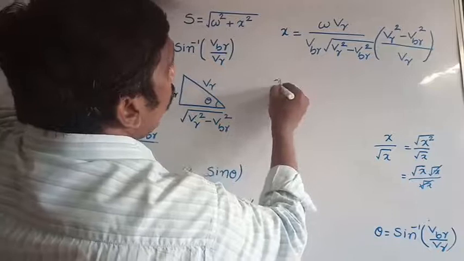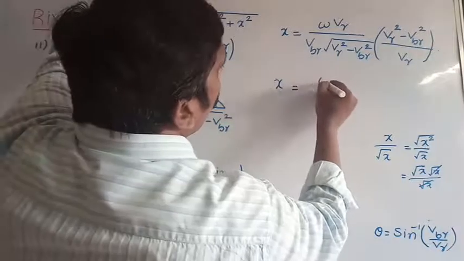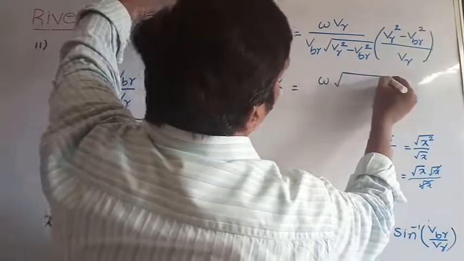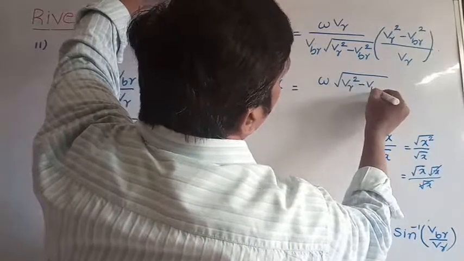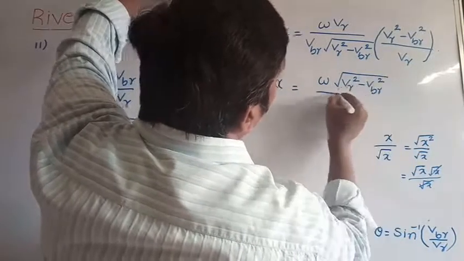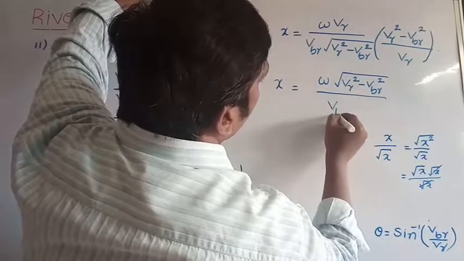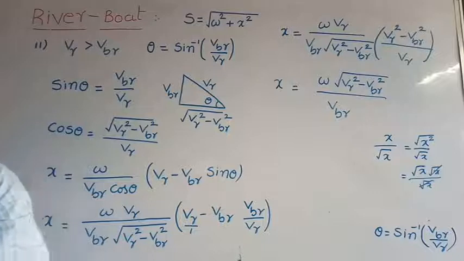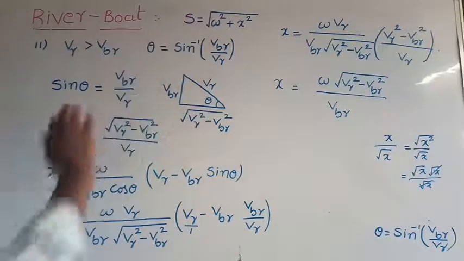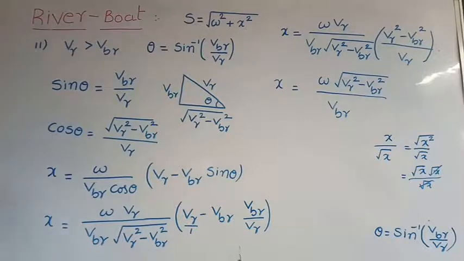So that's why x is equal to, finally we can get W into root over VR square minus VBR square divided by VBR will come. So this is the x value. We got x value and we know W. So these two values substitute in this equation, then finally we can get answer.